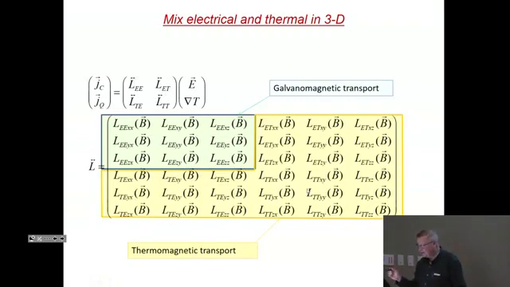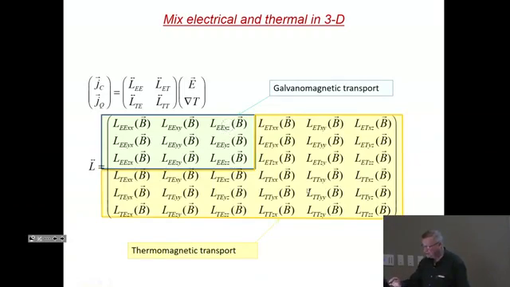If I'm in a system where I have a magnetic field oriented along any arbitrary direction B, 1, 2, or 3, or XX, XY, XZ, then in the XY plane of my sample I have a longitudinal conductivity tensor here. This is a Hall conductivity tensor if we are in the XY plane, and this is a Hall conductivity tensor if we are in the XZ plane.